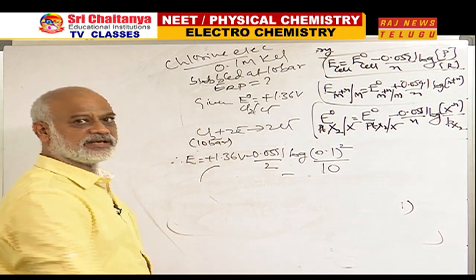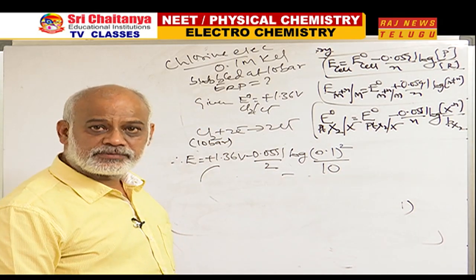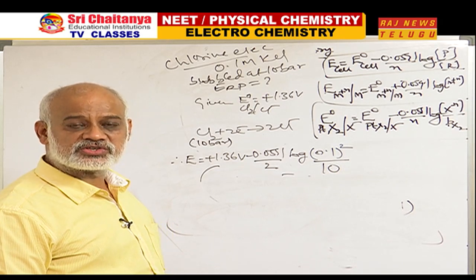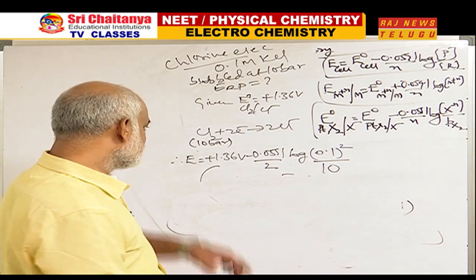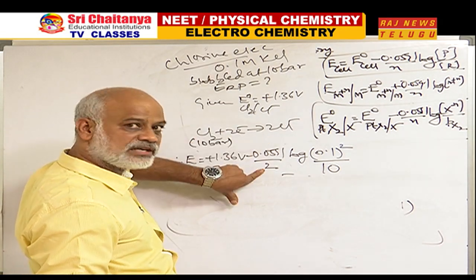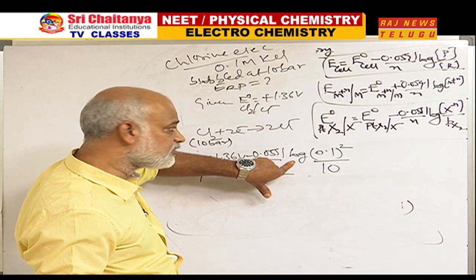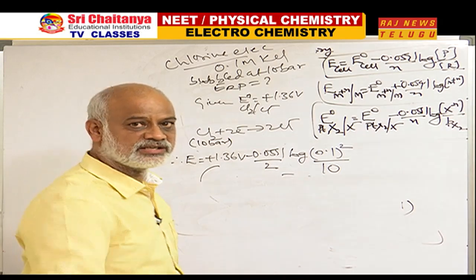You have to write 10 here. This is what I was telling you. Electrode potential values always depend on the partial pressure of the gas. Therefore, E naught minus 0.0591 by 2 logarithm of product concentration by reactant concentration.